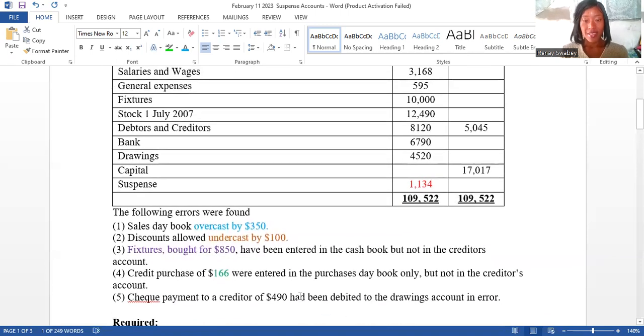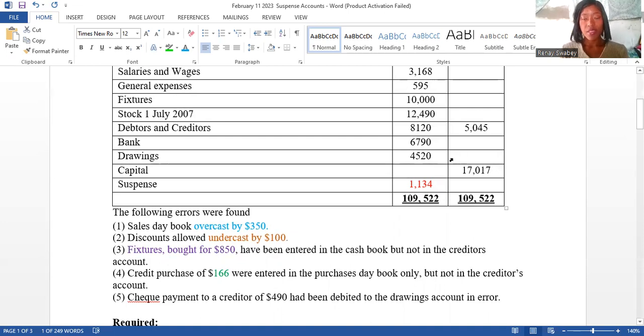See, it says that it has been debited. The $490 had been debited to the drawings account in error. When you subtract $490 from this $4,520, because we're working with the drawings account here. Remember what drawings are? Yes, they are the money that the owner takes out of the business for personal use. They withdraw that money.